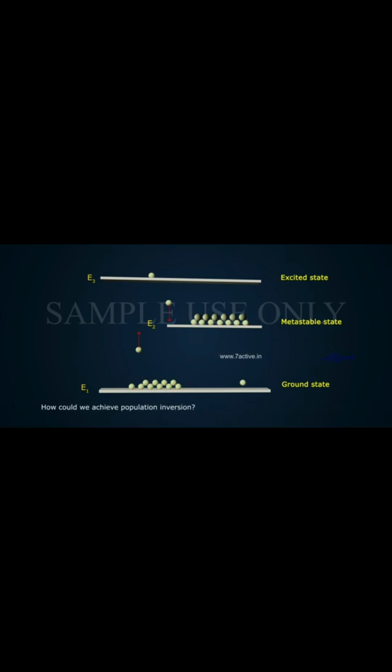How could we achieve population inversion? Population inversion is achieved by the supply of sufficient and appropriate energy to the active medium from an external source. Thus, the process of achieving population inversion is called pumping.